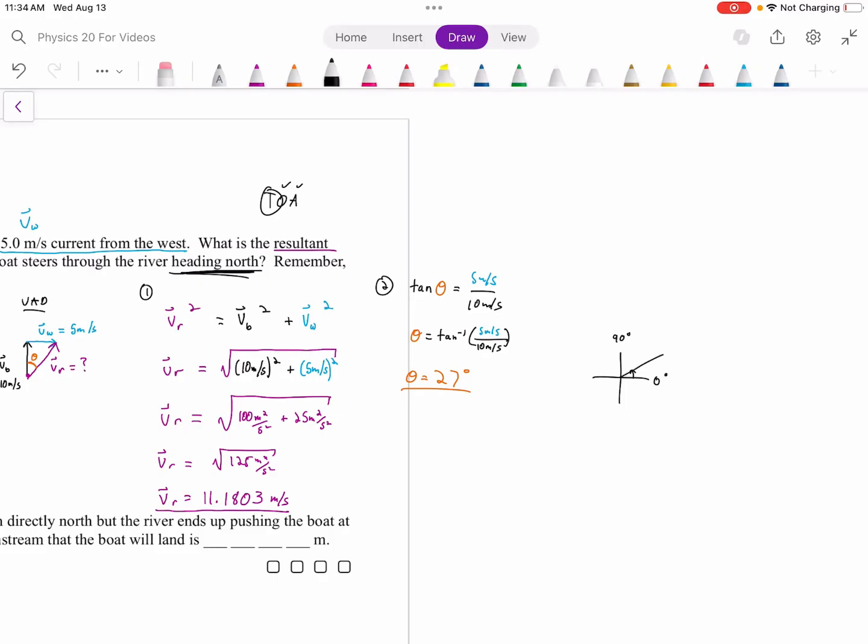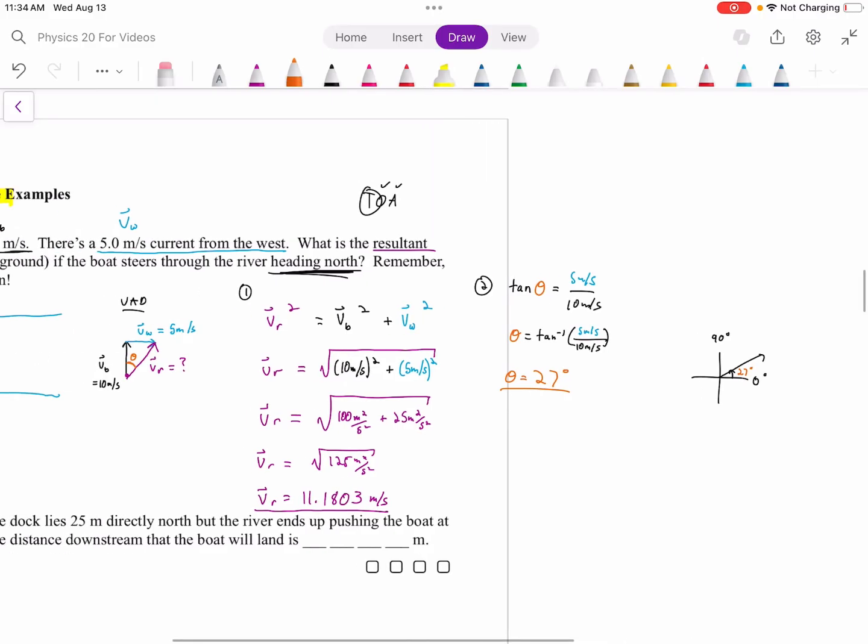So if we just said 27 degrees, that would say that this angle here is 27. So always make sure you're confirming with your VAD that that's actually what you're trying to say. And in this case, it's not. We don't want 27 degrees from the x-axis. We want 27 degrees from the y-axis here, from north, not from east. So we need to be a little more specific here.